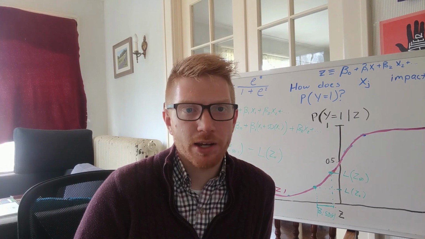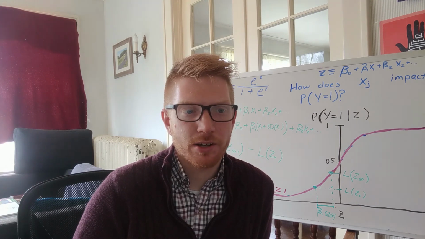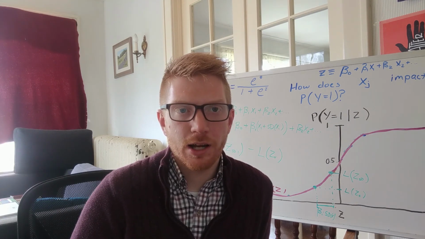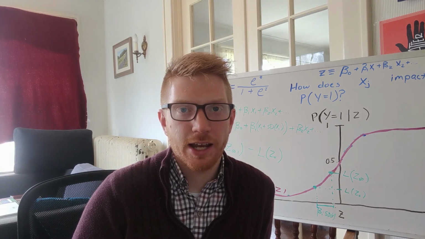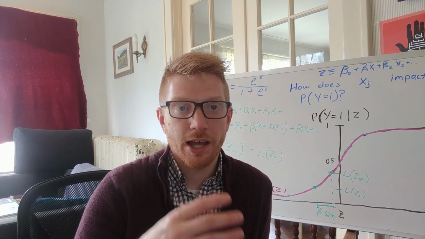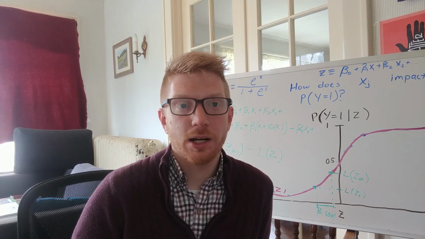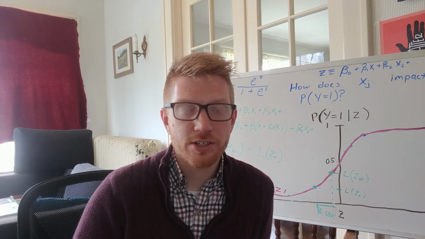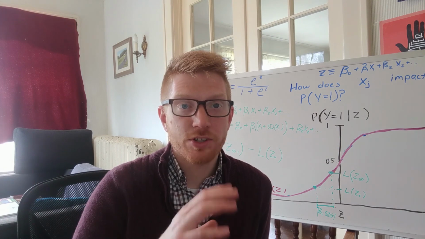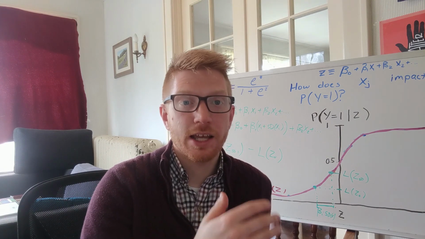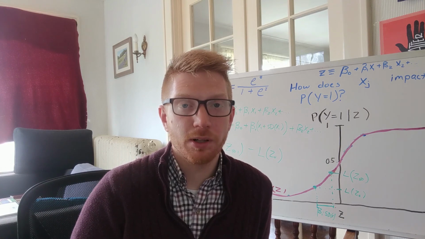So that may or may not make it into this semester, depending on time constraints. But the important thing to understand here is how to get at an interpretation that is digestible. We want to understand the relationship between x and y, and in particular, how changing x impacts the predicted probability of y.